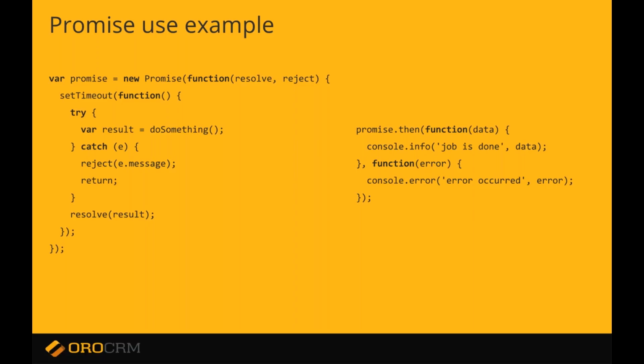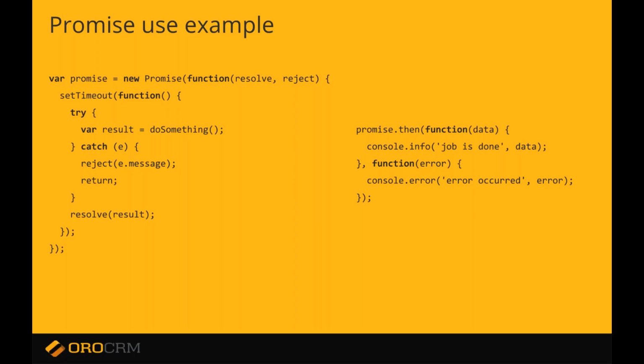And inside the setTimeout function, we will invoke some function, doSomething, that is meant to be asynchronous. Depending on the result of that function, if it crashed, we will invoke the reject method that was provided into our executor.